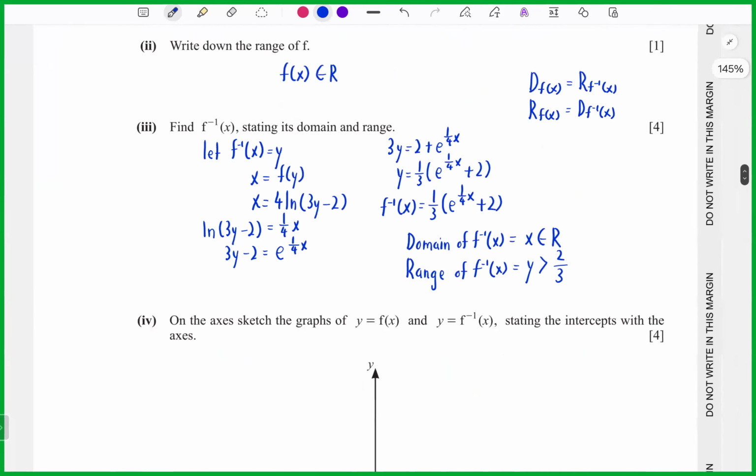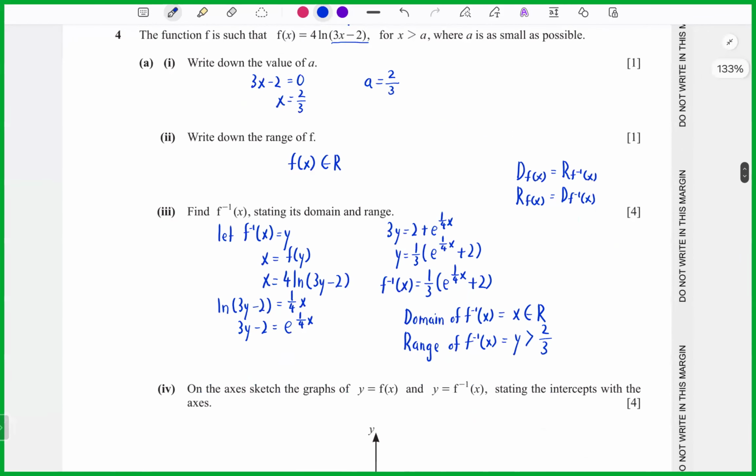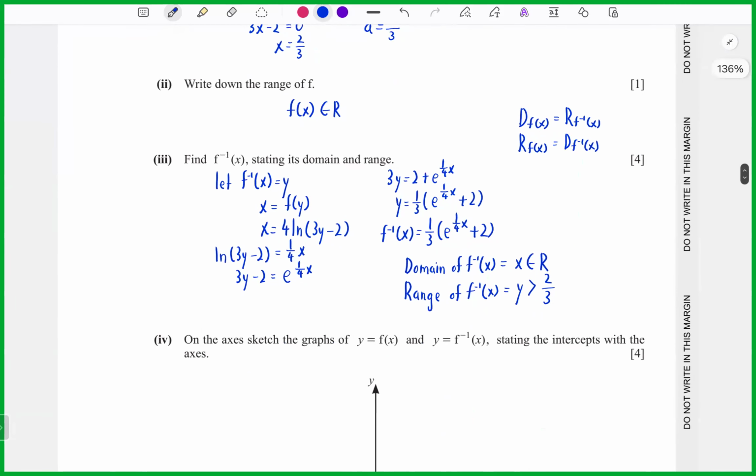On the axes, sketch the graph of y equals f(x) and y equals the inverse, stating the intercepts on the axes. Okay, now you need to start to draw. So how to draw?